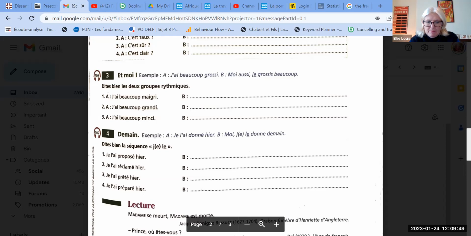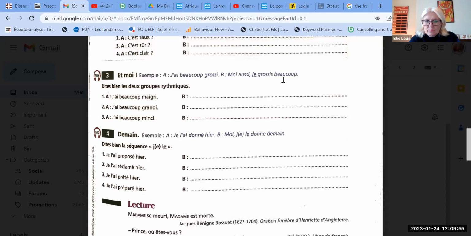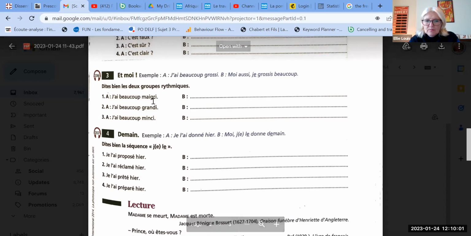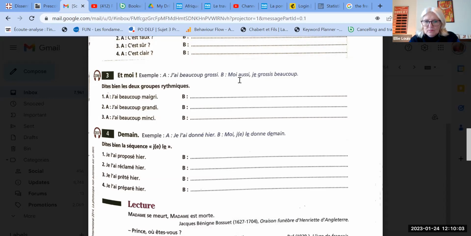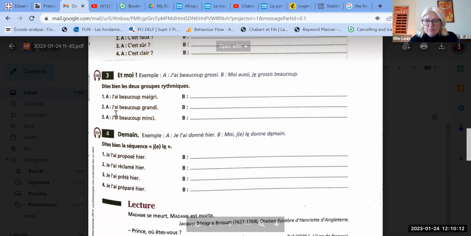Exercice 3. Exemple. J'ai beaucoup grossi. Moi aussi je grossis beaucoup. 1. J'ai beaucoup maigri. Moi aussi je maigris beaucoup. 2.